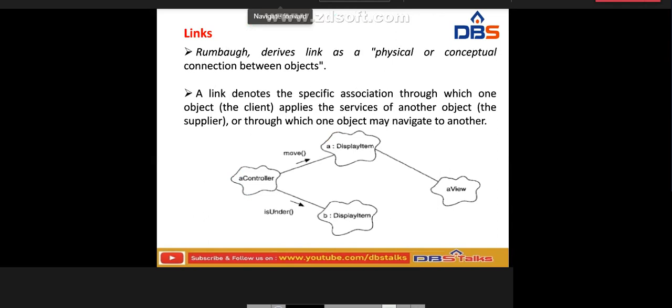A link denotes the specific association through which one object applies the service of another object, or through which one object may navigate to another. That is called a link.